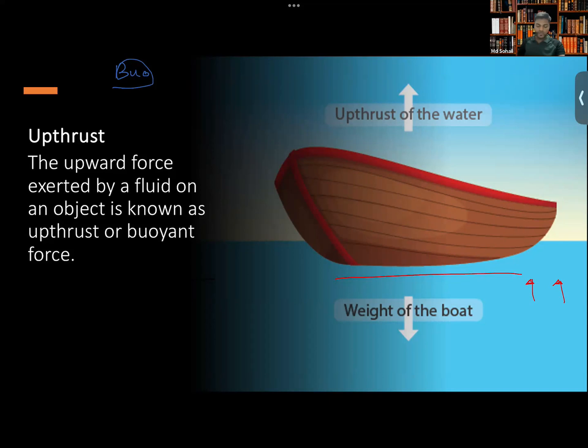So for any fluid, the upward force exerted by a fluid on an object is known as upthrust, or also called buoyant force. This boat here is also exerting a downward force that is called thrust.